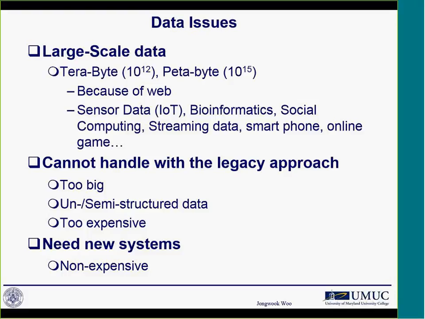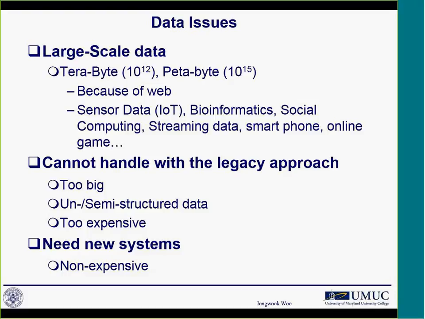So as you know, for the past several years, we've been observing large-scale and massive data sets, like a terabyte or petabyte, more than terabyte or petabyte. It is because we have the web, and as Google experienced, if you want to analyze the web, you need to look up all the web, which is petabytes of data.